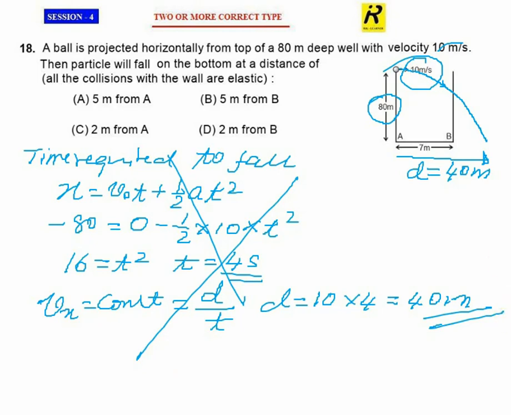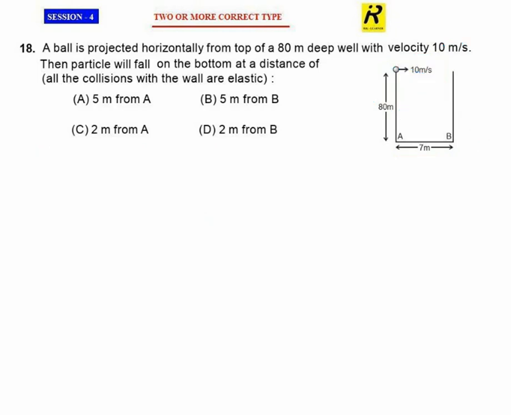So for that reason, I am doing a different kind of work for you. If you look into the circumstance, what may actually happen is that the ball may come and hit somewhere here, and then it makes an elastic collision. It may go back and hit somewhere here, and one more time it may hit here.